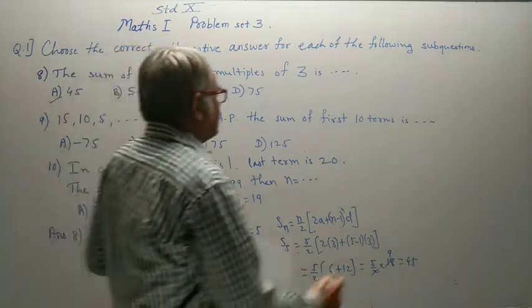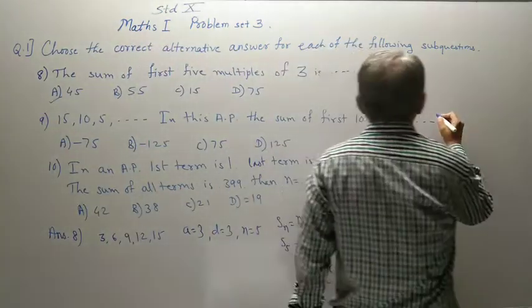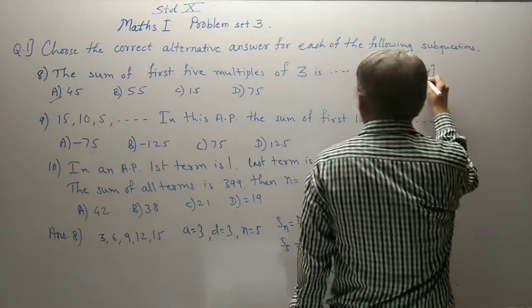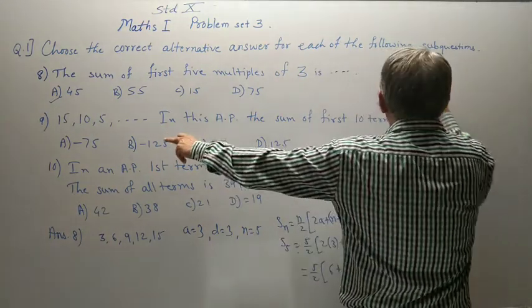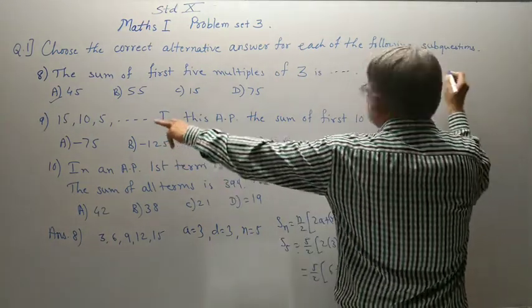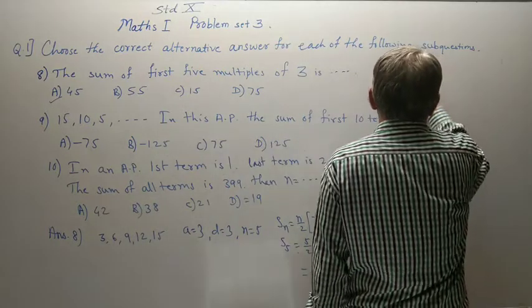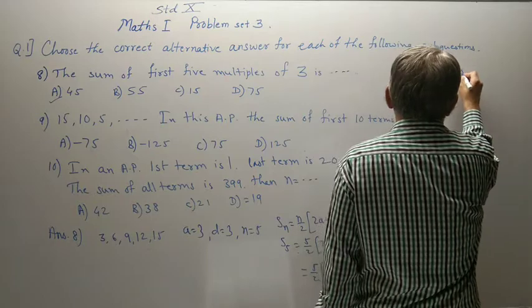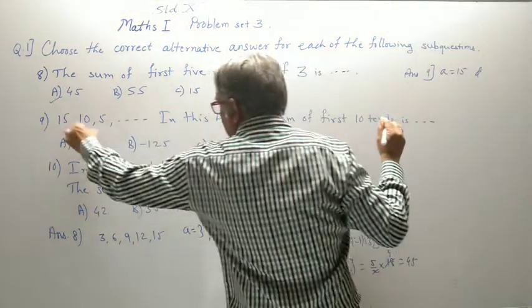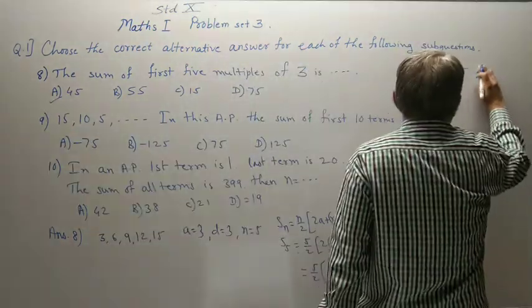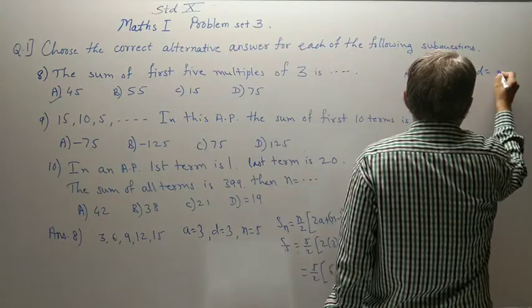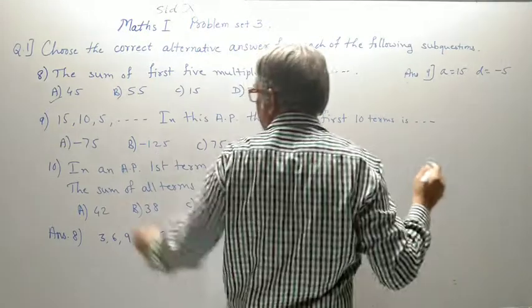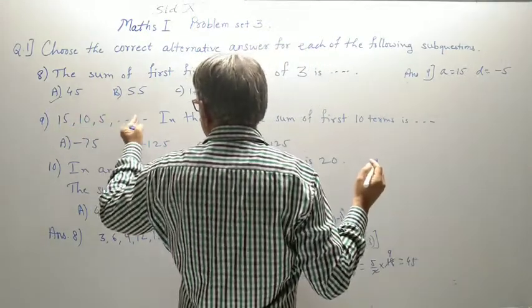What is A? I am doing rough work over here for this 9th. What is A? 15, first term. D, 10 minus 15, minus 5. 15, 10, 5 means decreasing by 5.